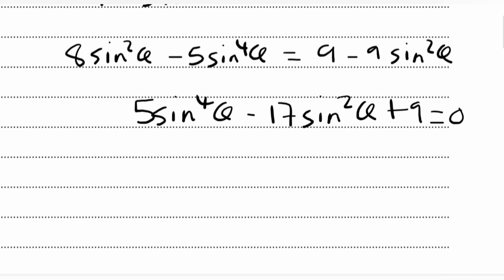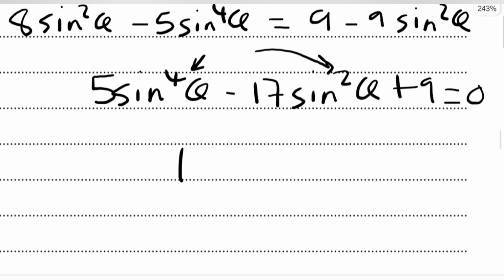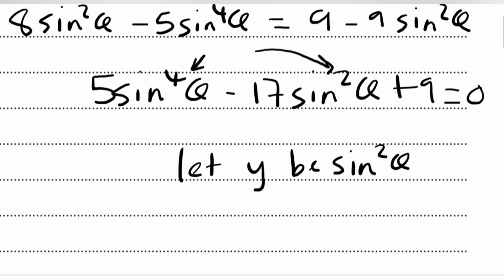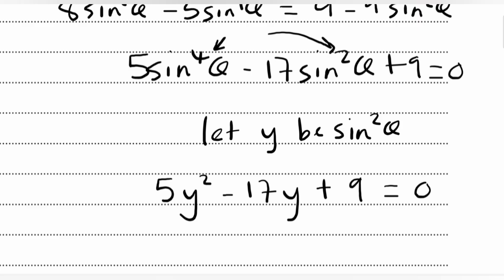And we can see that this now looks like a disguised quadratic equation because this power is double this one, right? So we can go ahead and say let y be sine squared theta, like that, right? So we can rewrite it as 5y squared minus 17y plus 9 is equal to 0, right?